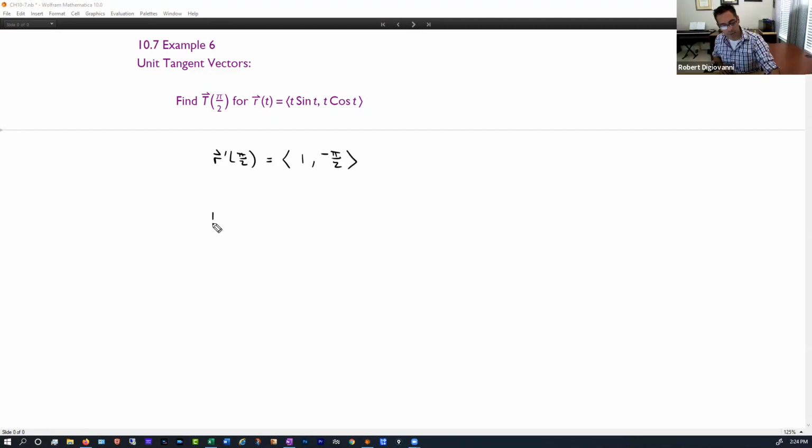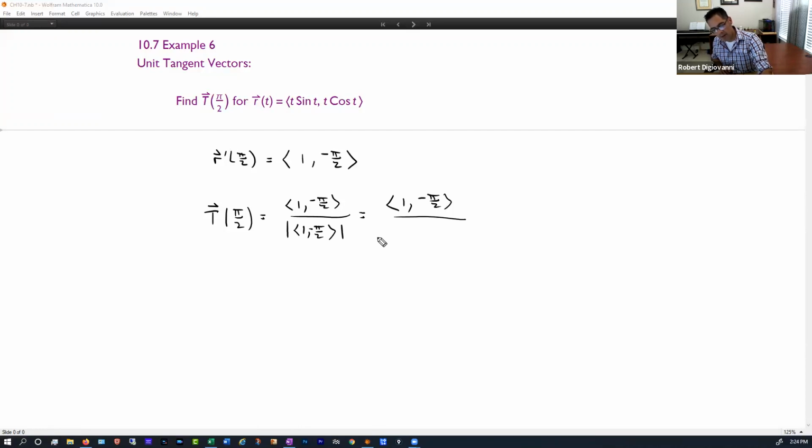So to find capital T of pi over 2, all we do is take that vector and divide it by its own length, the magnitude of itself. So you take that vector 1, negative pi over 2 and divide it by the square root of 1 squared plus negative pi over 2 squared.